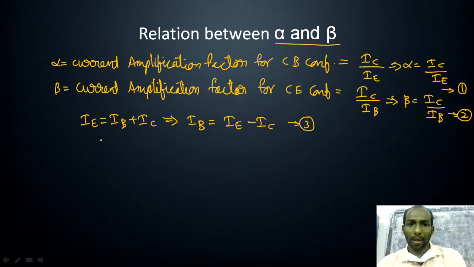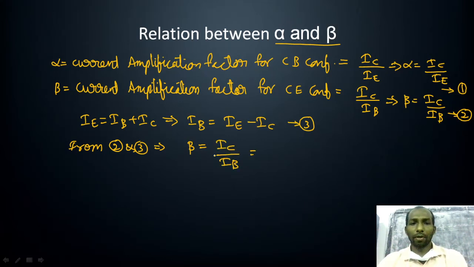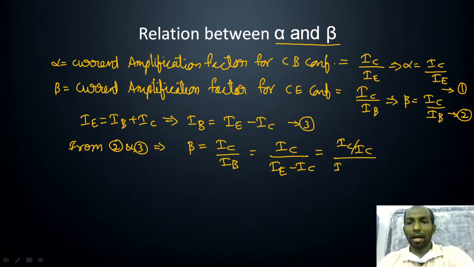Let us consider these as equations 1, 2 and 3. From equations 2 and 3, beta is equal to IC by IB, but from equation 3 IB is equal to IE minus IC. So beta is IC by (IE minus IC). Dividing the numerator and denominator by IC, you get IC by IC, whole over IE by IC minus 1.